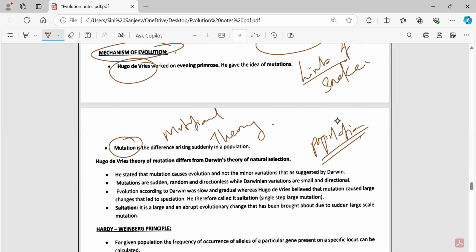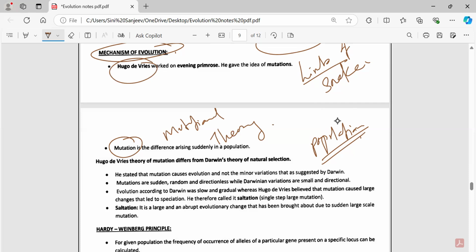Mutation, as you already know, is nothing but the alteration of one or more genes which leads to a modified characteristic in that particular organism. He took the primrose and conducted the experiment on it, and he believed that this would tell how evolution may take place due to the mutation which occurs in that particular organism.